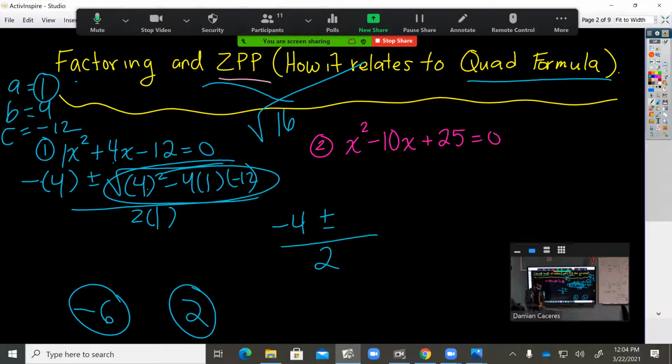Do not do it all on the calculator. Do that part in the calculator if you want, then do these three products all at once. Negative 4 times 1 is negative 4. Negative 4 times negative 12 is positive 48. So don't put a sign until you multiply all three numbers. Now 16 plus 48 is 64.